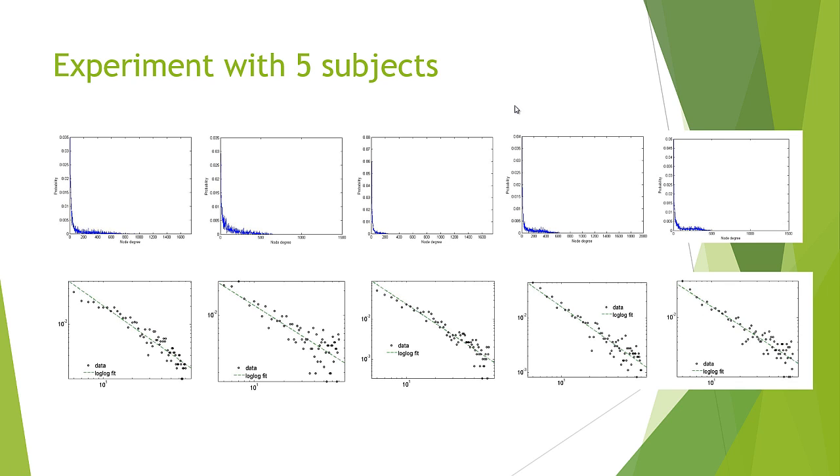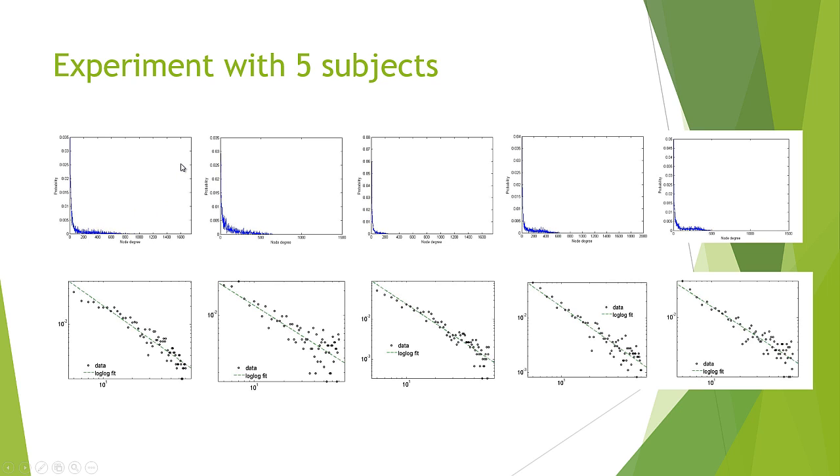After that, we get a threshold, and finally we plot this experiment with 5 subjects. We can see this plot conforms pretty much to a power law distribution, but with some heavy tail effects.